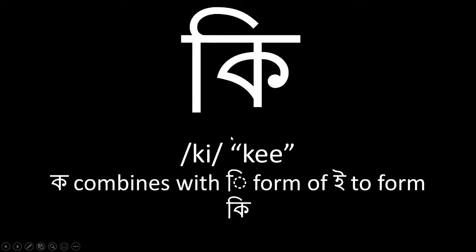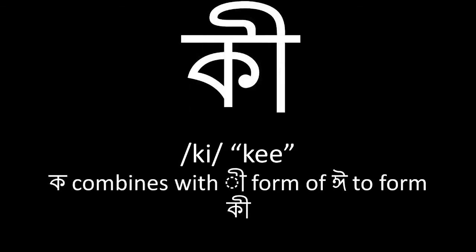This is ki. You can see that this vowel has this reduced form here. This is also ki. In this case, this is the reduced form of this vowel here, the long ee.